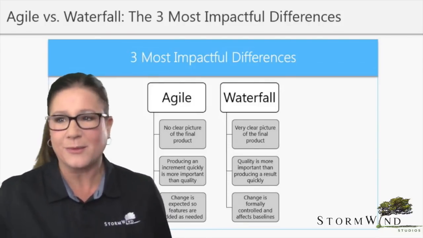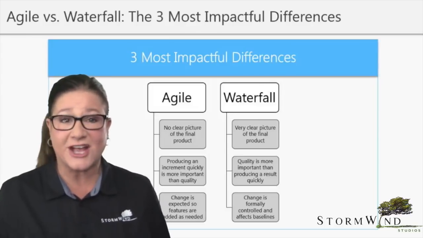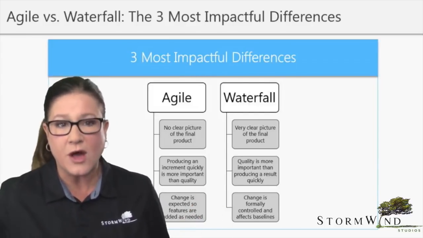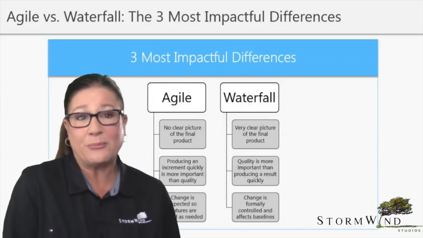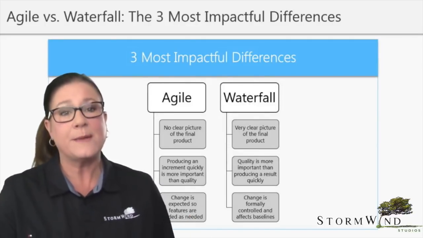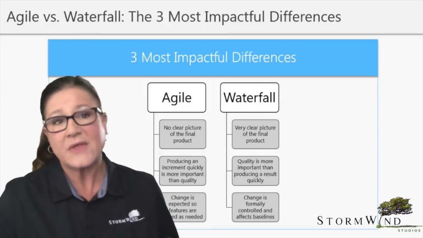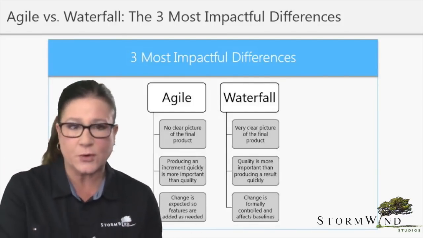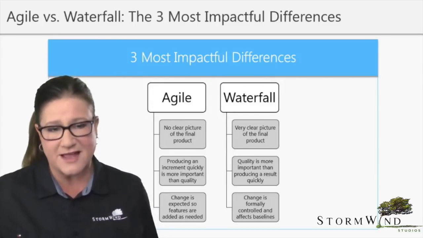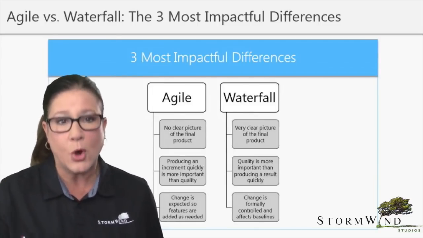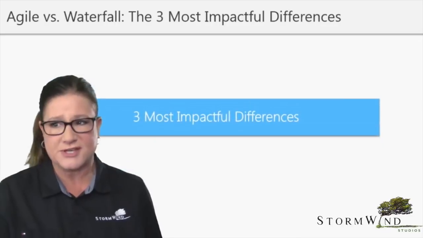Yeah, we live it and breathe it in Waterfall. In Agile, we're like, yay, scope creep. In Waterfall, no. That's not good. Quality is more important at that point than producing something quickly. And because of that, change is formally controlled and could very well affect our baselines. Those are the three most impactful differences between the two.